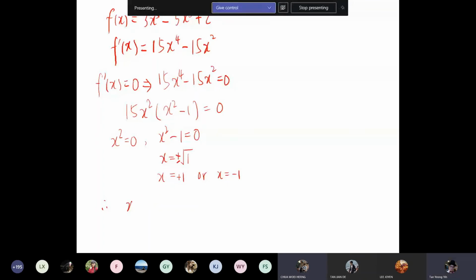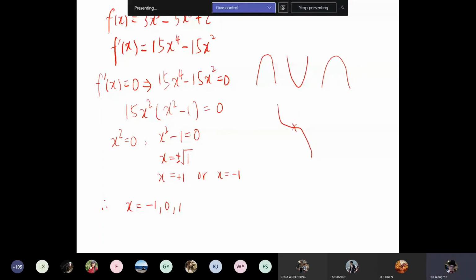Okay. So now, for the value of x, I have 3 values here. If I start from the smallest value, it will be -1, 0, and 1. All right, so this is the value of x. Any questions so far? Okay, next, now I know these 3 points are the turning points, or inflection points.